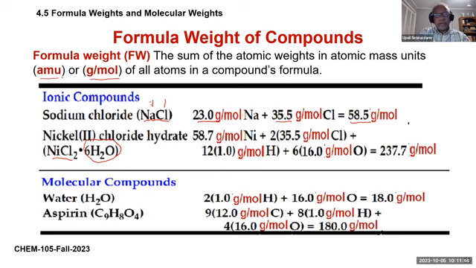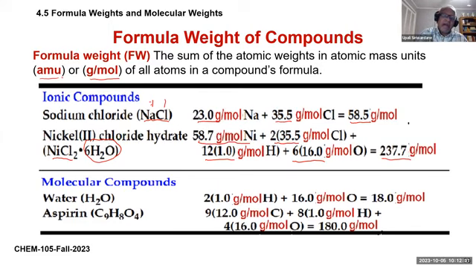So you have to calculate the number of atoms: 1 nickel atom, 2 chlorine atoms, 12 hydrogen atoms, and 6 oxygen atoms. You multiply by the subscript of each element, and you get the formula weight for nickel chloride hexahydrate, which is 237.7.